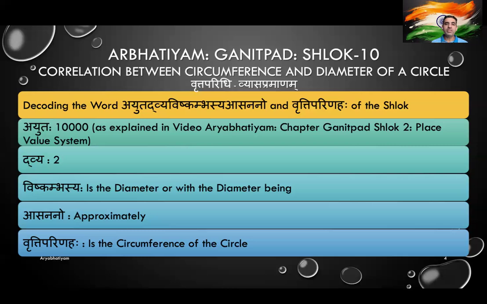From the word near, the English equivalent which has risen is proximity, and from proximity, the word approximate has come. So it is saying whatever answer I get from this calculation would be approximate. And the last word, which is the simple one, vritta parinaha. Vritta means circle and parinaha means circumference of that.